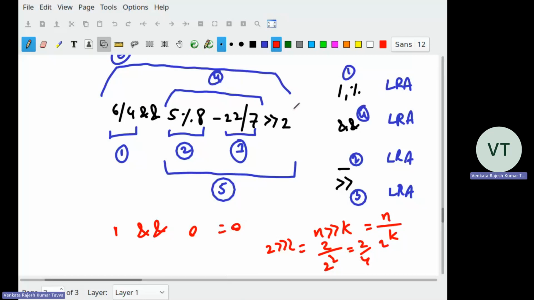Okay, so let's test this. Let me comment this. 6 by 4 and 5 mod 8 minus 22 by 7 right shift 2.